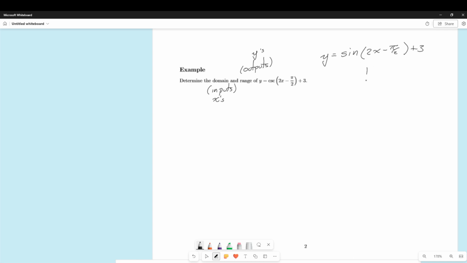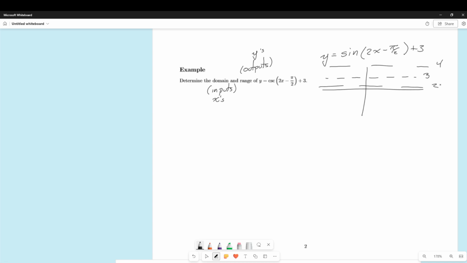Because we already know that for sine, our midline is going to be at 3. Our amplitude is 1, so we're going to go as high as 4 and as low as 2.